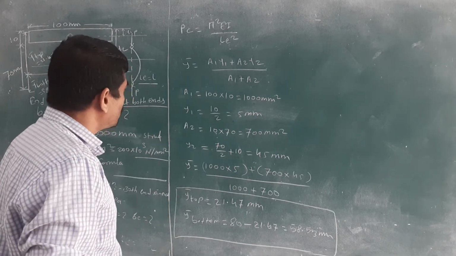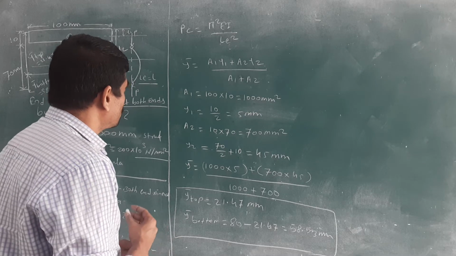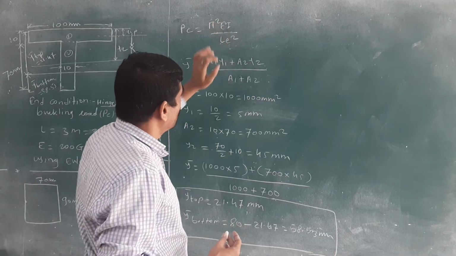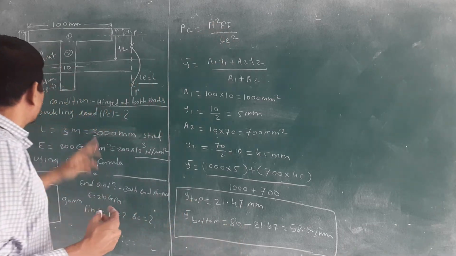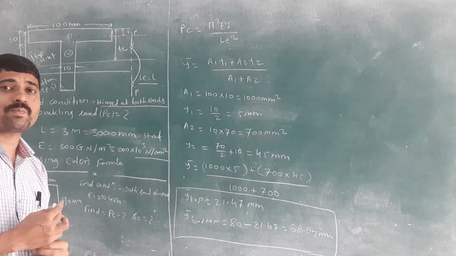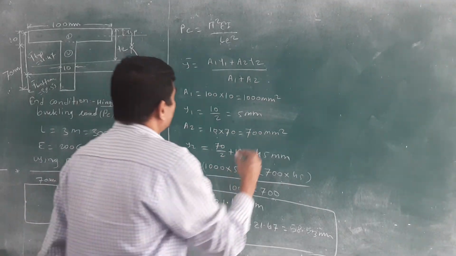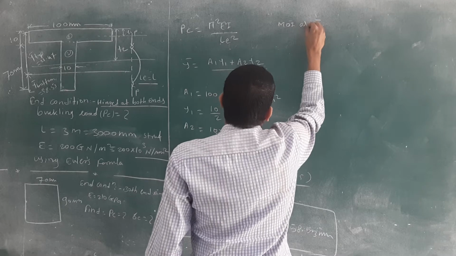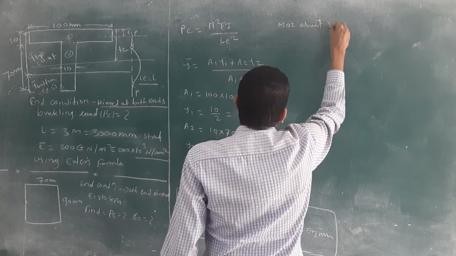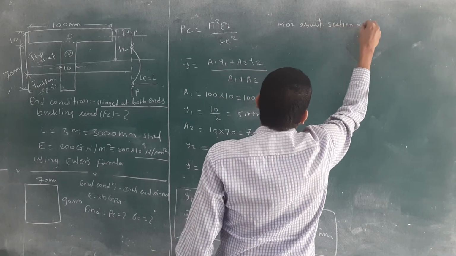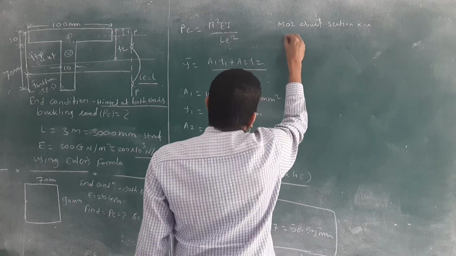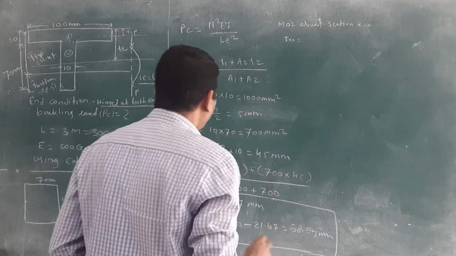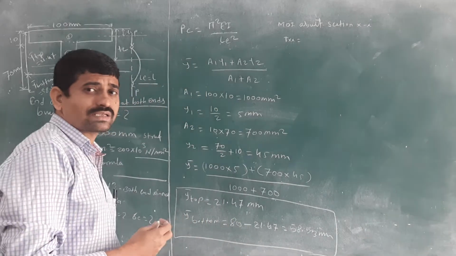Once you have calculated the y bar, the next step is what we require. We want to calculate the I. How to calculate the I? This is an unsymmetric section, so use the parallel axis theorem. I will write here the moment of inertia about section xx, Ixx. What is the parallel axis theorem?